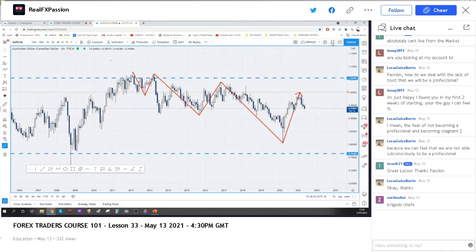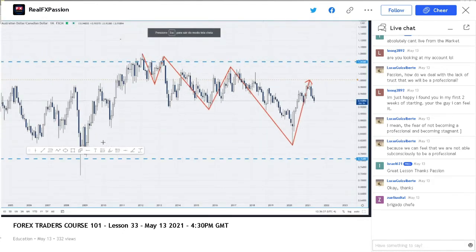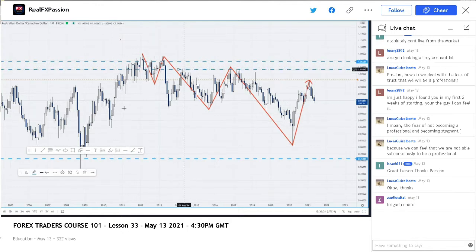Okay, very good. But we learned about pivot points, right? So somewhere in here, this would be a pivot point. Let's make it red and line like this.